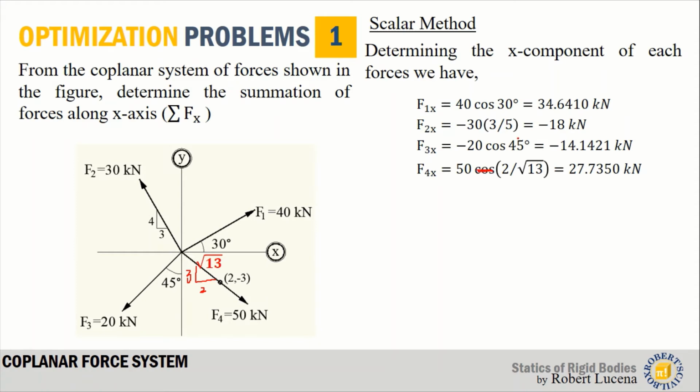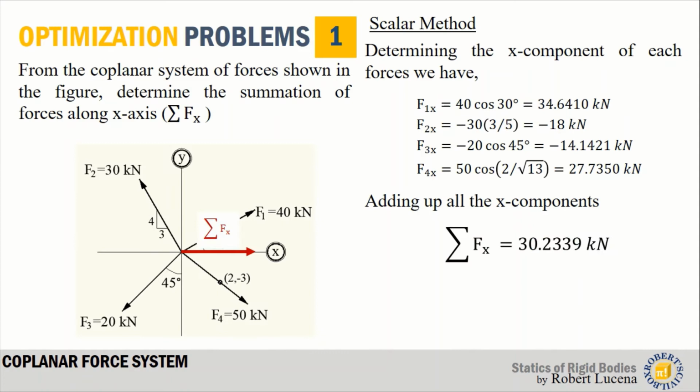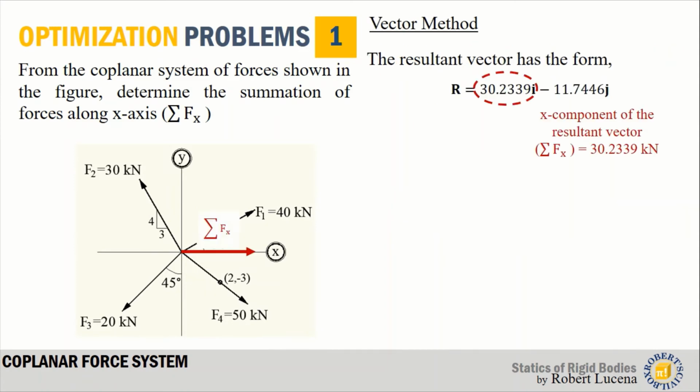So now the value of F4x would be 27.7350 kilonewton. Adding up all the x components yields the value of sigma Fx, that is 30.2399 kilonewton. That is similar to the value of the coefficient of the base vector i using the vector method.